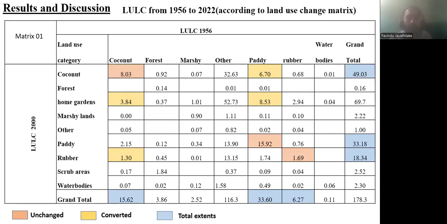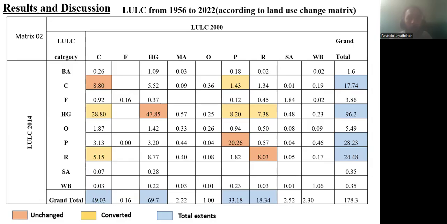Considering the change detection matrix, you can identify that between 1956 and 2000, paddy cultivation was converted into coconut as well as into home gardens. Moving to 2000 and 2014, we can identify the same things.